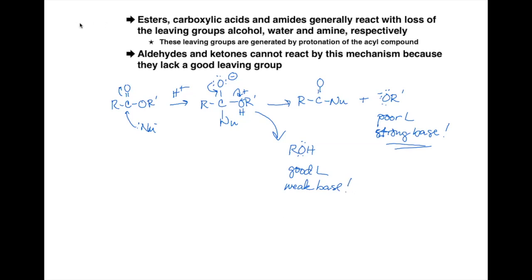Kaya yung nabanggit dito guys, esters will be converted to alcohol as the leaving group. For carboxylic acids, OH, once protonated, it will form water. Amide, no, once protonated, will form the amine. So it becomes a good leaving group.